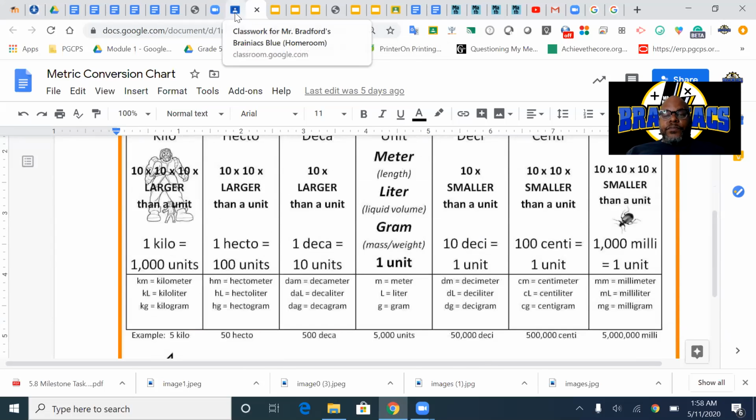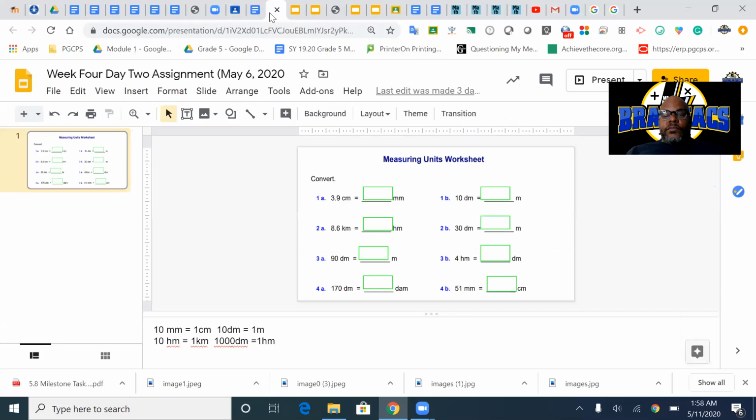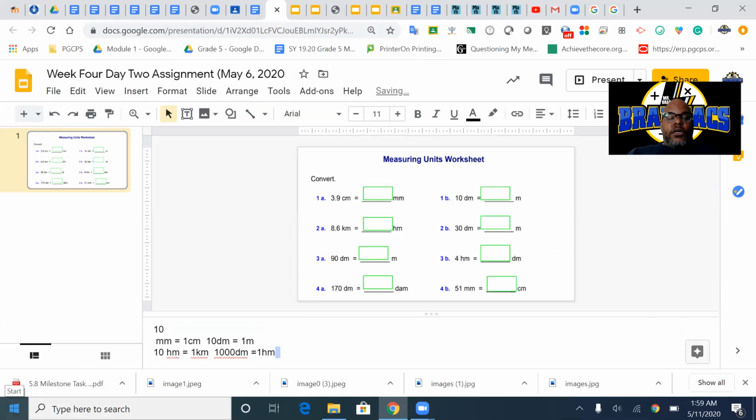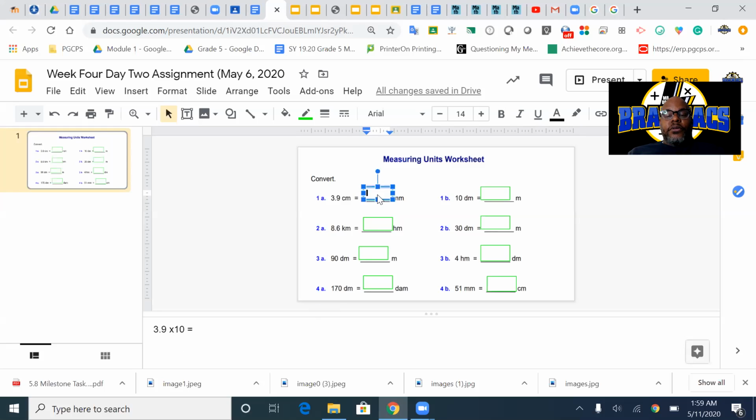So if we have 3.9 and we're multiplying it times 10, that means we're going to move the decimal one place over to the right, and this is going to become 39. Good job.